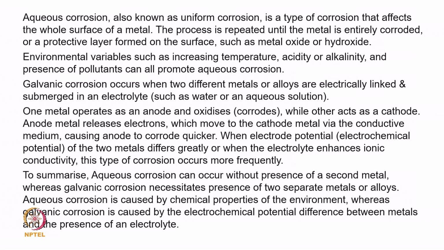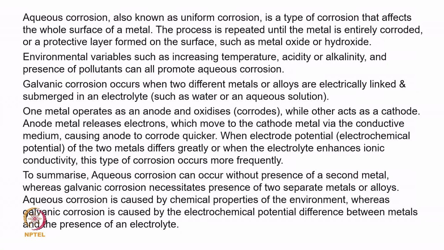Now, in this case the metals are the same, as we thought about in aqueous corrosion. You see in the galvanic case, one metal operates as anode and the other metal operates as cathode, and the metal operating as anode gets oxidized or corroded, starting to lose material, while the cathode will be receiving the electrons, and it will continue, making some sort of conductivity in the whole cell.